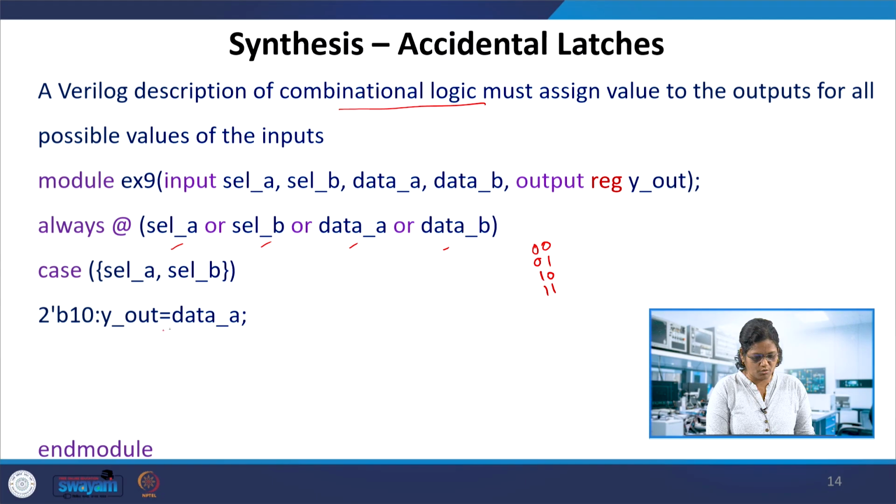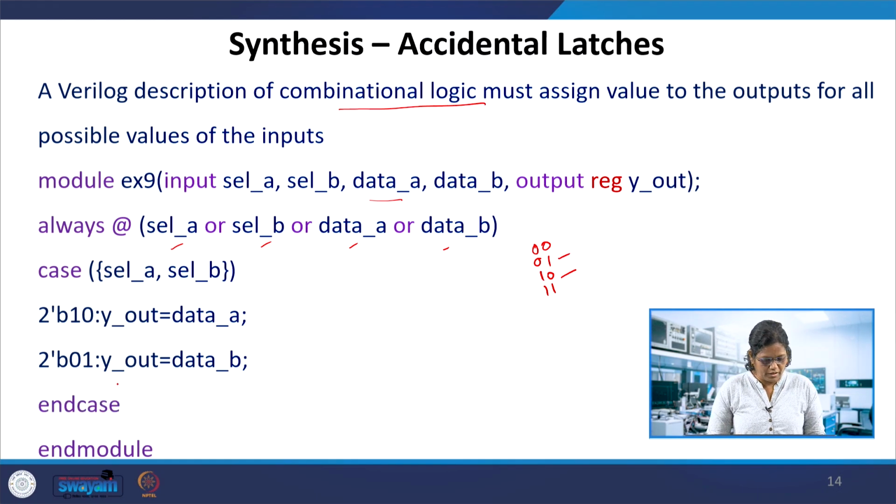What should be the y out? Y out is data A. If you have 0 1, then assign data B. End case. So you see, this code is definitely incomplete because 0 0 is not specified and 1 1 is not specified. Moreover, the default case is not specified.